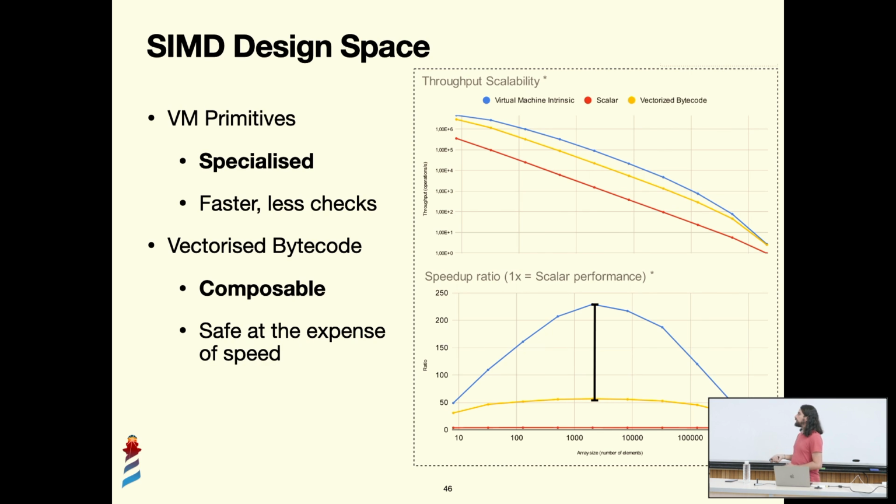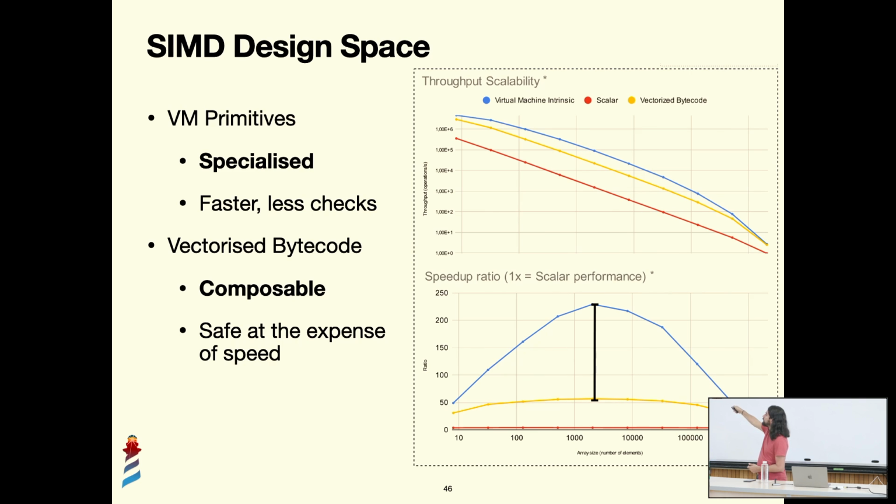On the other hand, if we are working on vectorized bytecode, that helps you compose different bytecodes that work at the vector level. And they are safe. They need to be safe because the design of Smalltalk and Pharo is that we need instructions to be safe. But they are safe at the expense of speed. So here, for example, you can see in the different colors that in blue you have the primitives, the speedup ratio here, and the throughput.